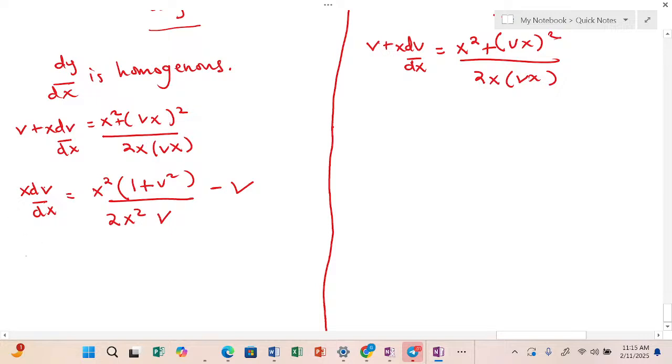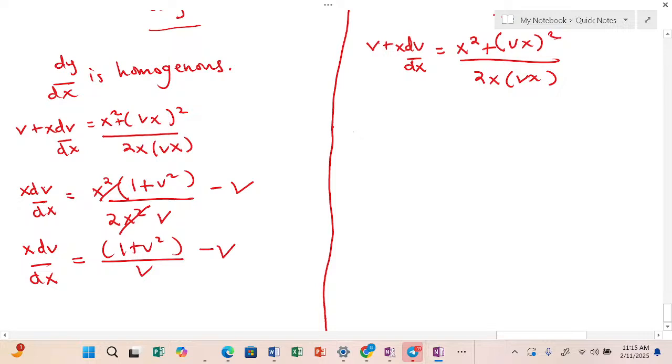So what we get now is x dv/dx is equal to, this one cancels this, till we come to a point where we have (1 plus v squared) over 2v minus v. So this is our expression now. We have to simplify the right hand side. So this is what we come to get.